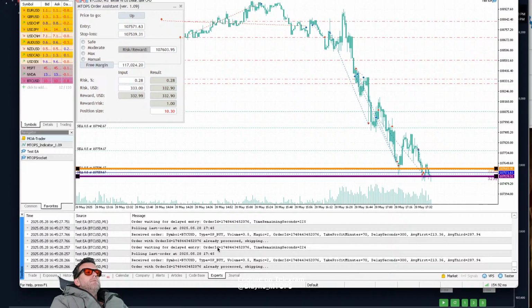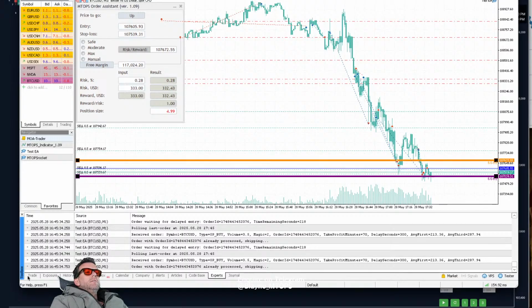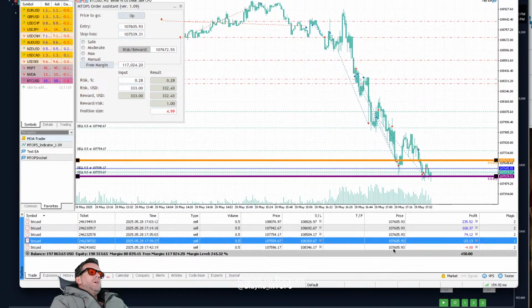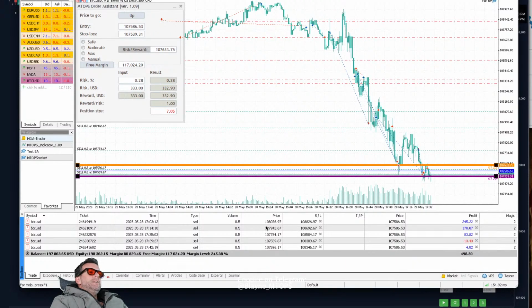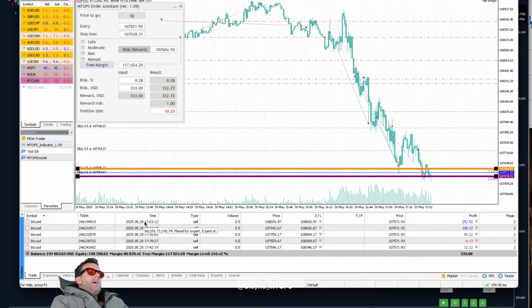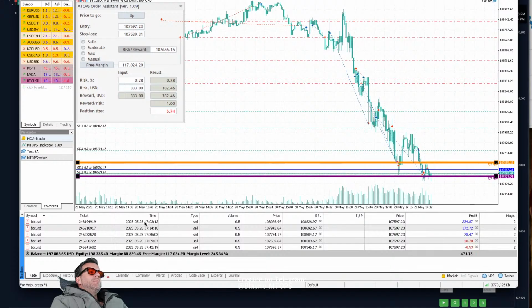So that's real trade management right there. Each individual trade having its open and having its close, in line with its own requirements and its own needs.